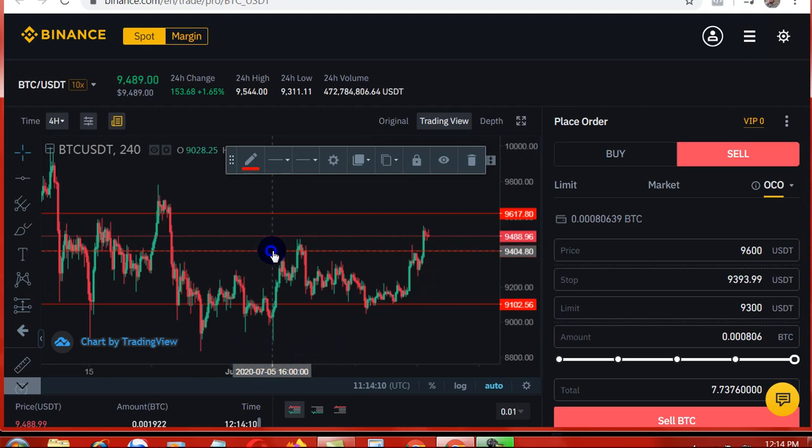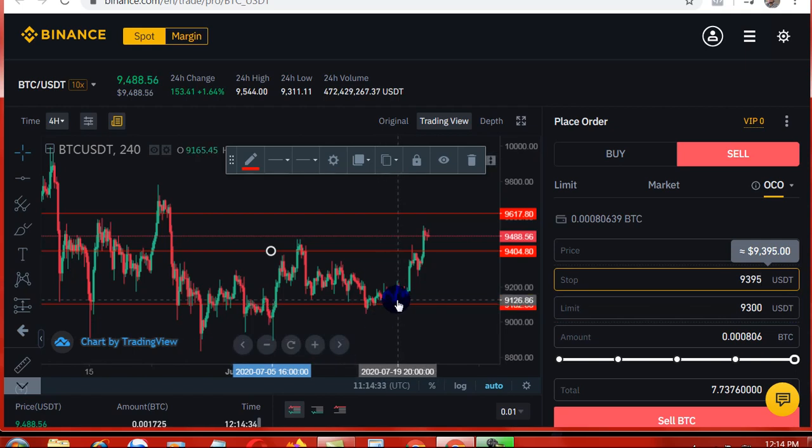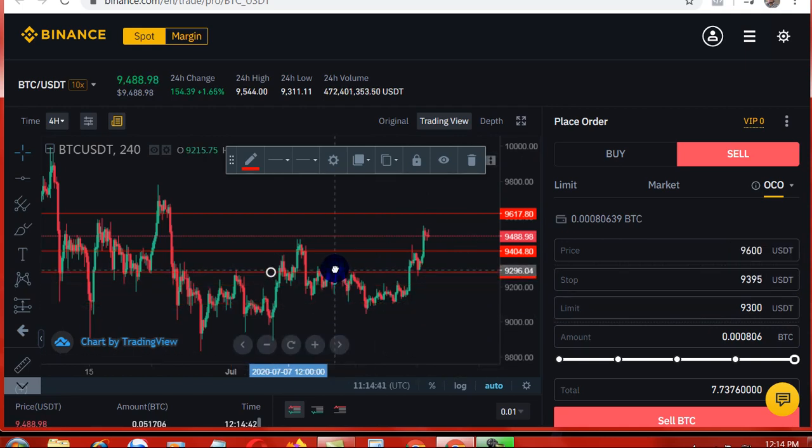So what you want to do here also, you place your order somewhere like, let's say, the 9,395 region. When the price gets to that region, it will also trigger, so that when it falls down to somewhere 9,003, which is somewhere here, then your coin will also sell at 9,003.